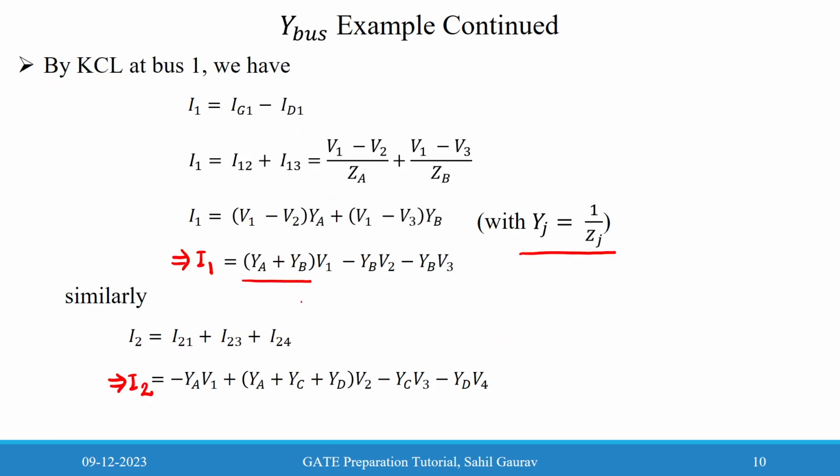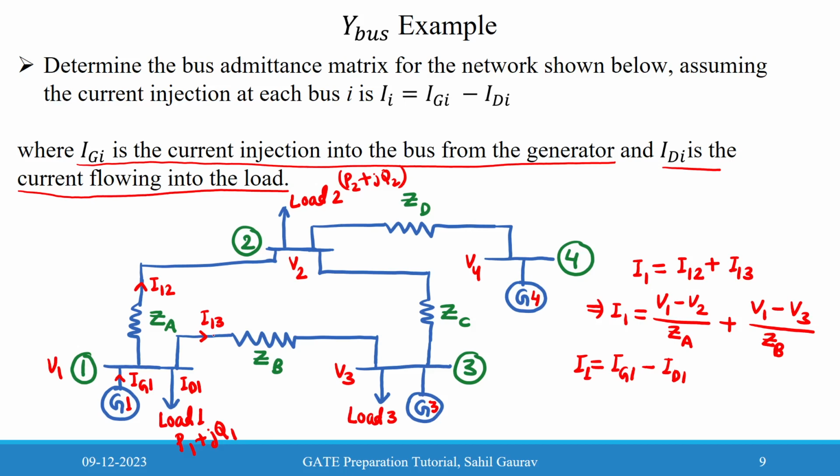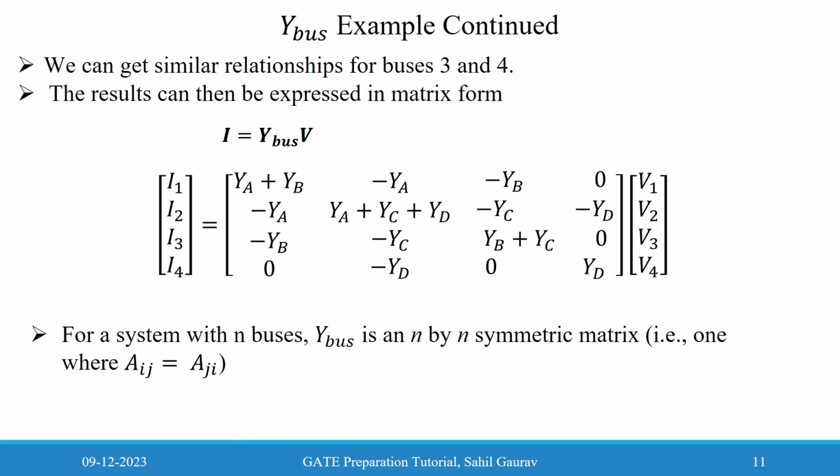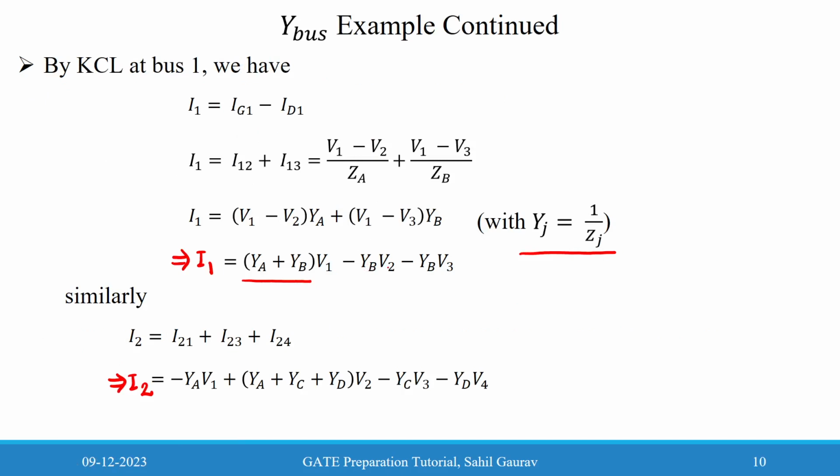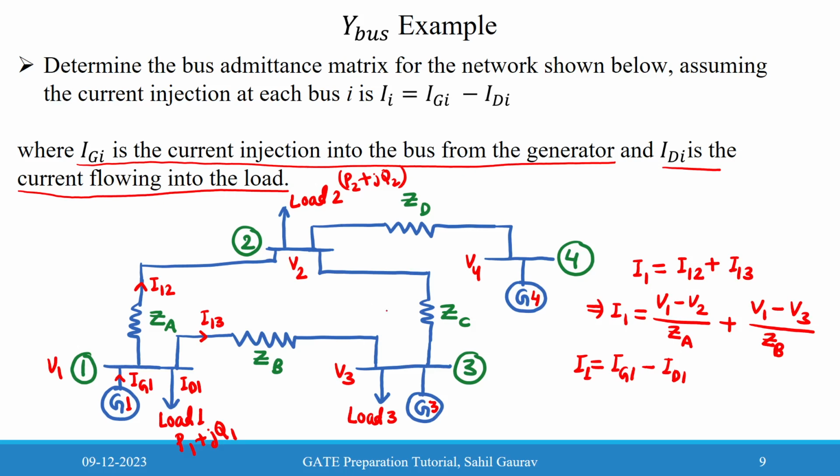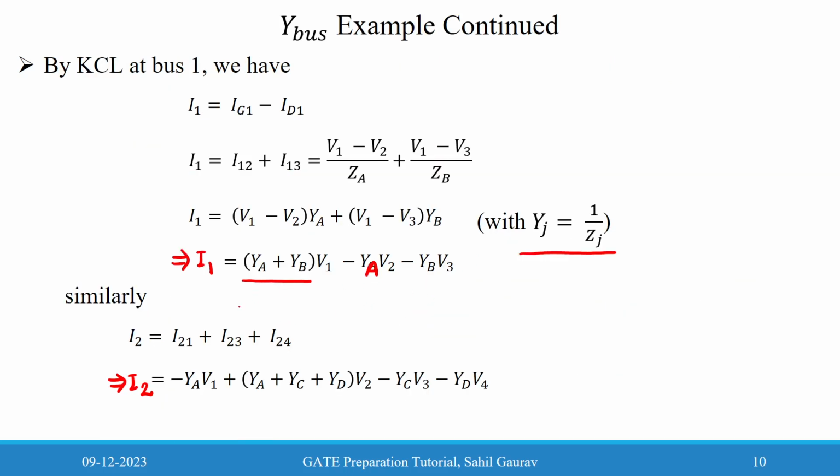We have seen that bus 1 is connected to bus 2 by this ZA element. Sorry, one mistake is there. This one is by YA to V2. So this is minus YA, and with bus 3, this will also be minus YB.